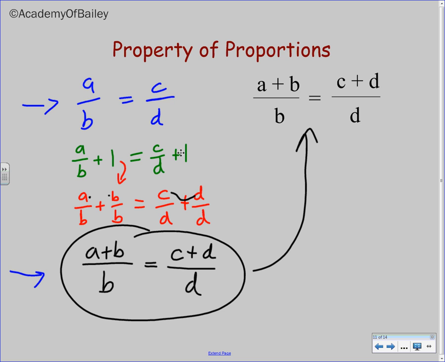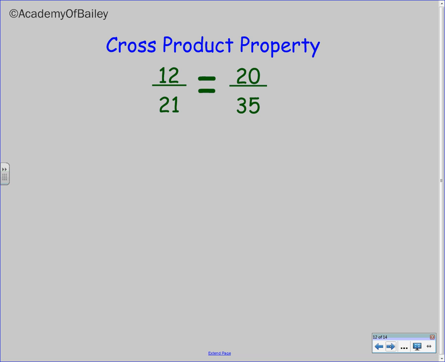Now you might ask, how does this relate with numbers? We can look here back to the first cross product property that we found. Remember, we found x to be 35, so I just went ahead and substituted that in. Well, if we have 12 over 21 and we want to add 1 to it, we have 20 over 35 and we would like to add 1 to it.